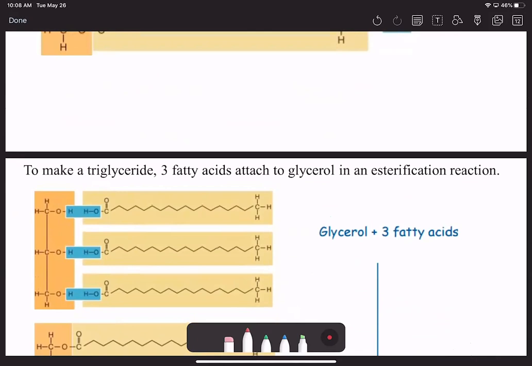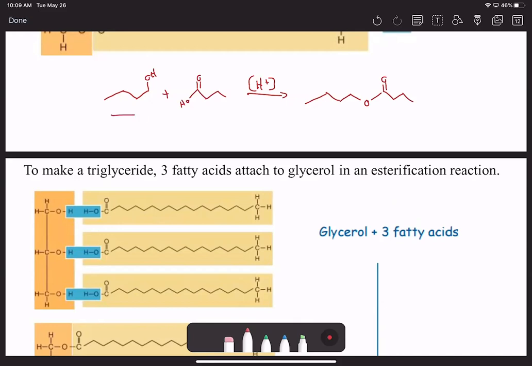So in order to make an ester, we need an alcohol, plus I need a carboxylic acid. All right, so here it is.